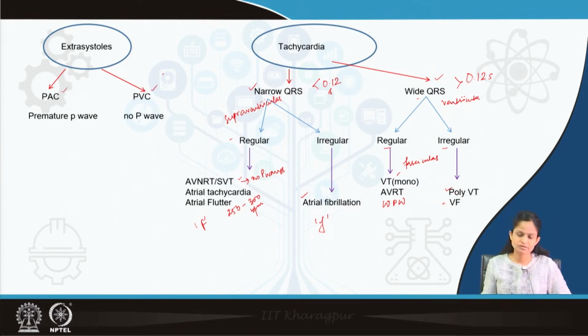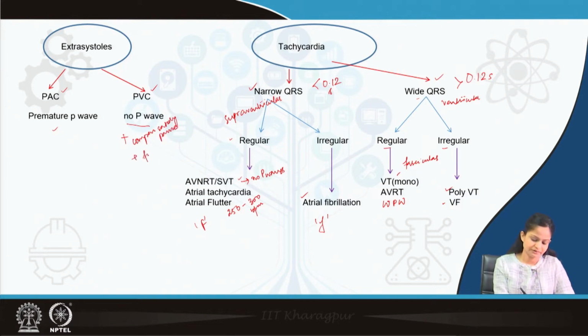In premature atrial beats, as there is a premature atrial contraction, there will be a premature P wave before the sinus wave. In case of premature ventricular contraction, since the origin is from the ventricles, there will be no P wave, as well as there will be a compensatory pause.